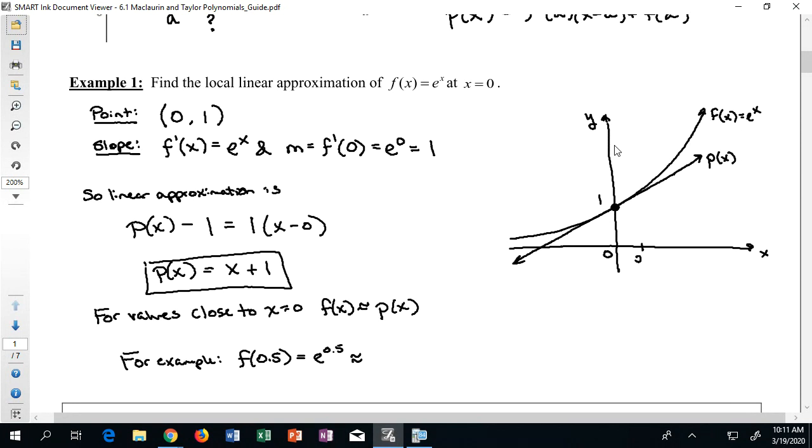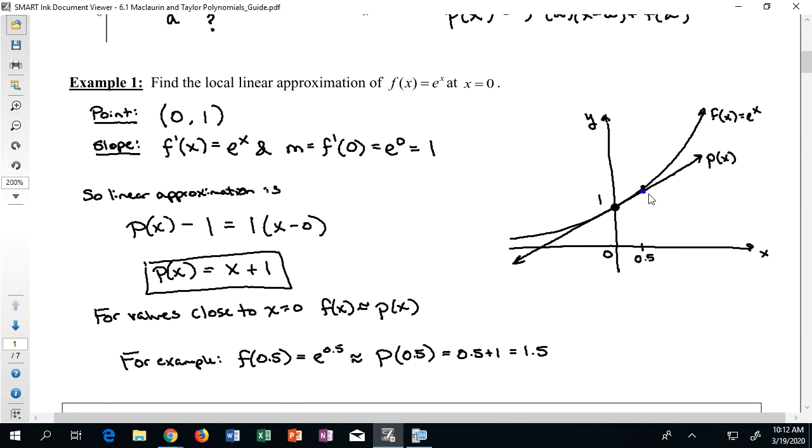Maybe it's right here. And so if I was to plug 0.5 into the line and then compare that to the y value that I would get out of the function, look, they're almost exactly the same. So I can say that this would be roughly the same as going to the line and plugging in 0.5, which of course is really easy to compute.